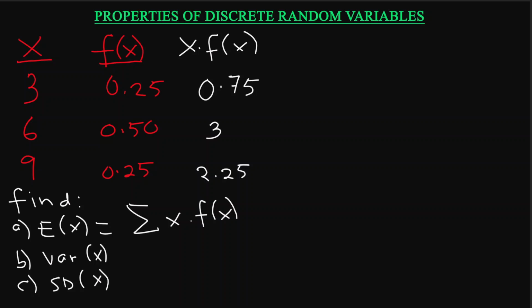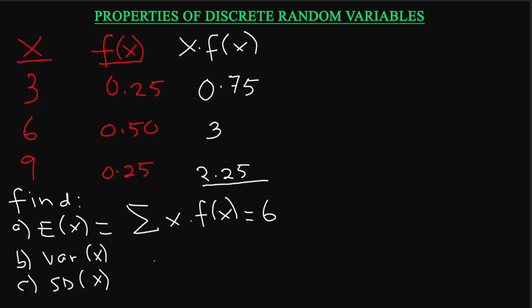So the mean or the expected value is the summation of x times f of x. If we sum everything here, 0.75 plus 3 plus 2.25, you get 6. That is the mean or the expected value of this discrete random variable.